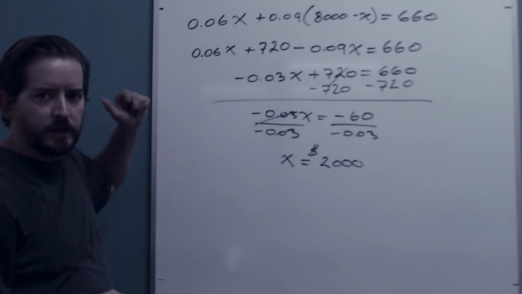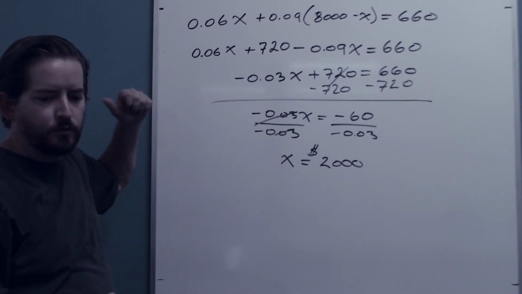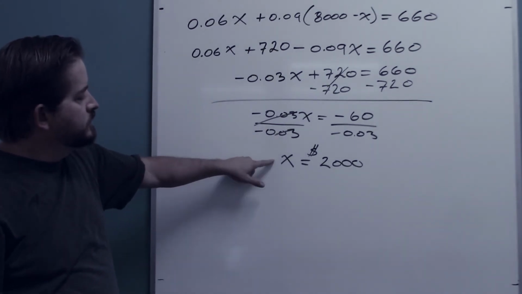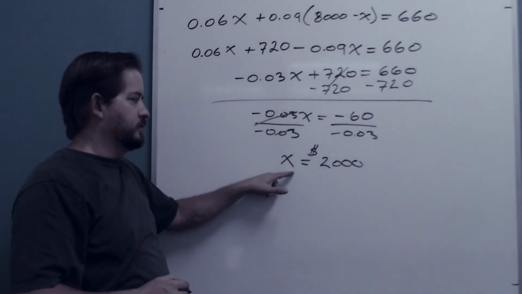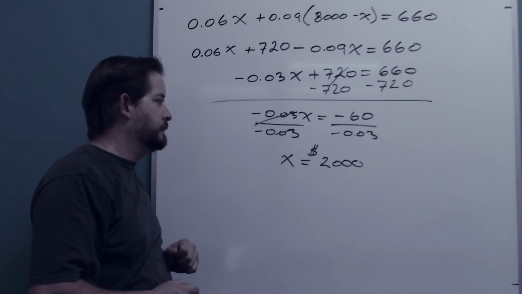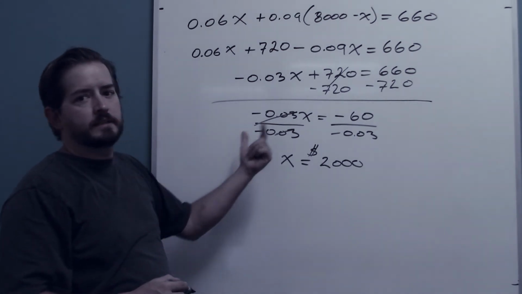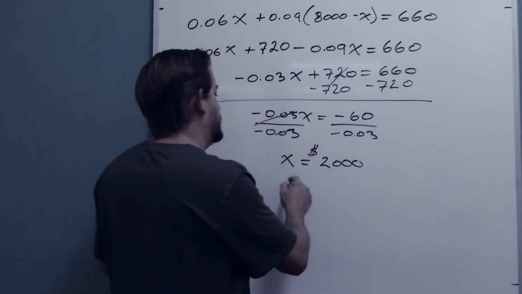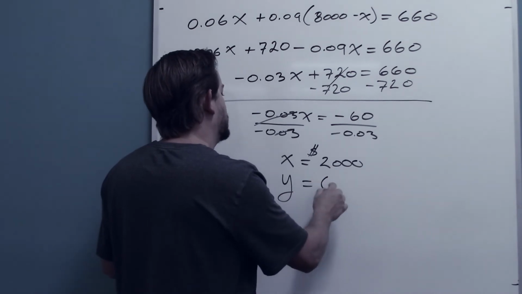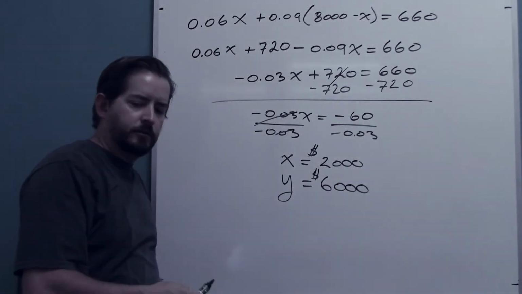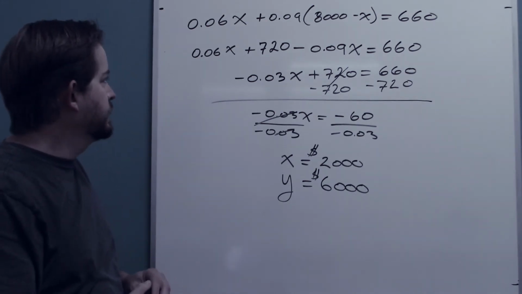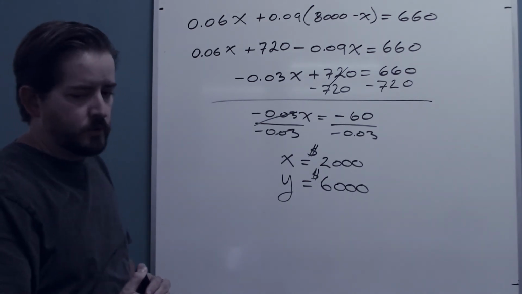Refer back if you're writing notes, or rewind 45 seconds ago. $2,000, I think, into the 6% interest account, right? And then of course, y is the difference between 8,000 and 2,000, so plugging it back in, we should find that 6,000 should go into the, I want to say 9% account. All right, good.